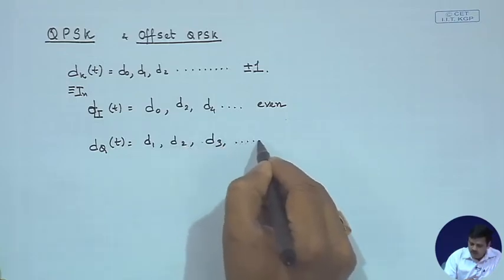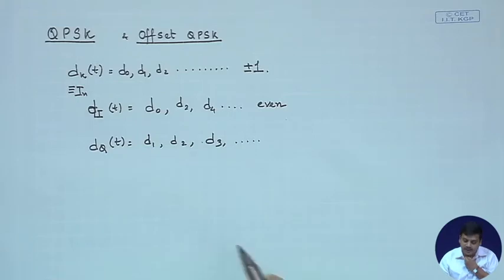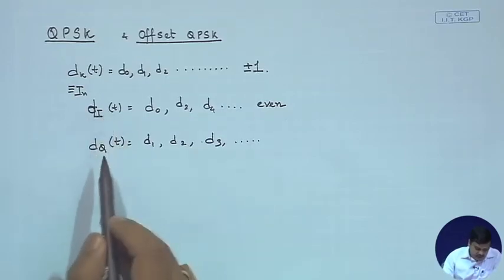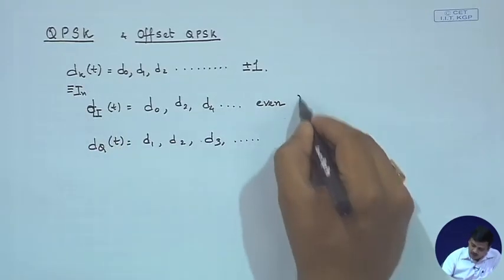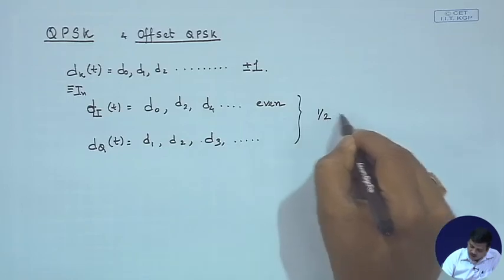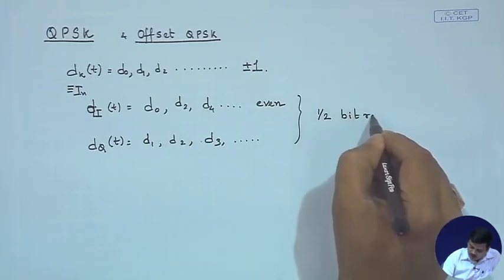So, we have already seen this in the previous lecture, but we are looking at it afresh because we are looking at QPSK, and these d_I and d_Q each have half bit rate.